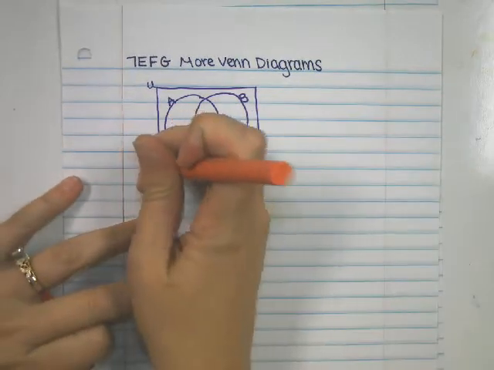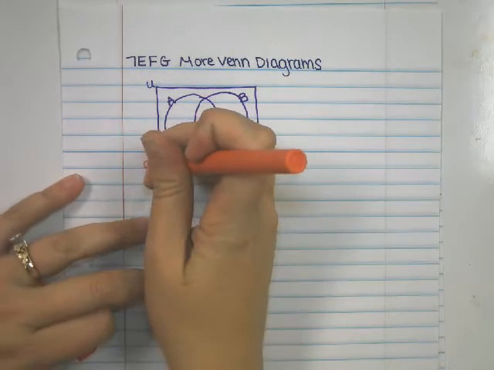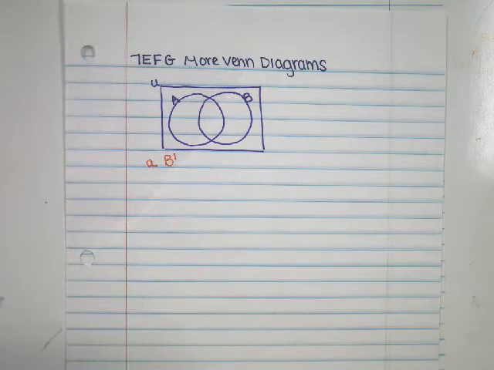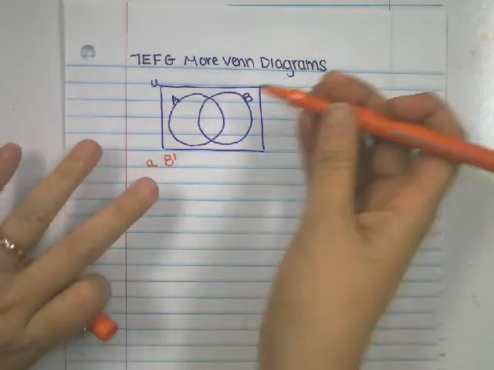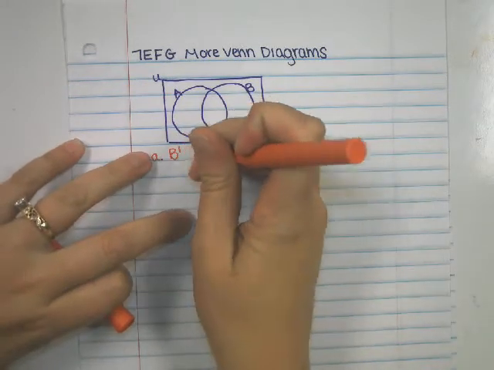So we'll just try a couple. Let's say I wanted to shade B complement. B complement, that little B prime, means everything that's in U but not in B. I'm not going to shade it on the picture up here because it'll get messy. I'm going to sketch a little picture.